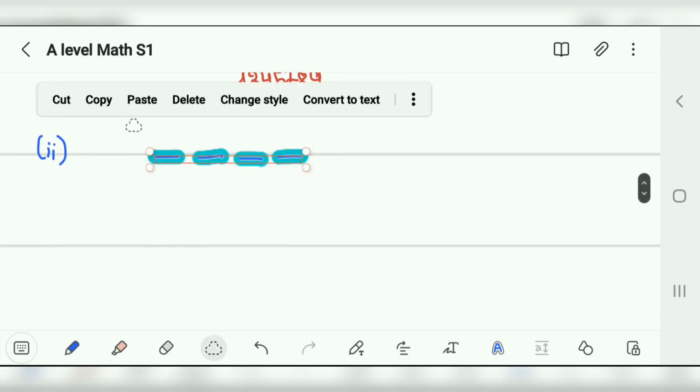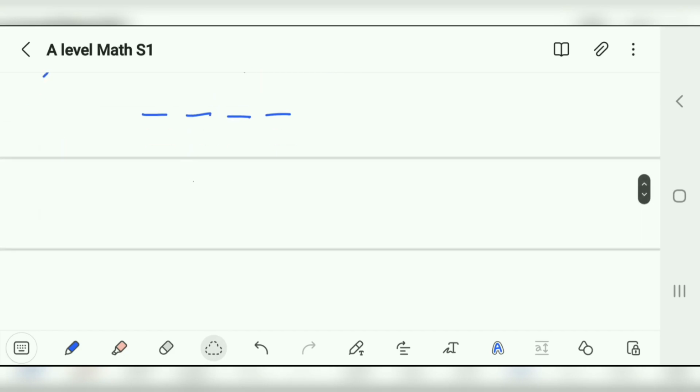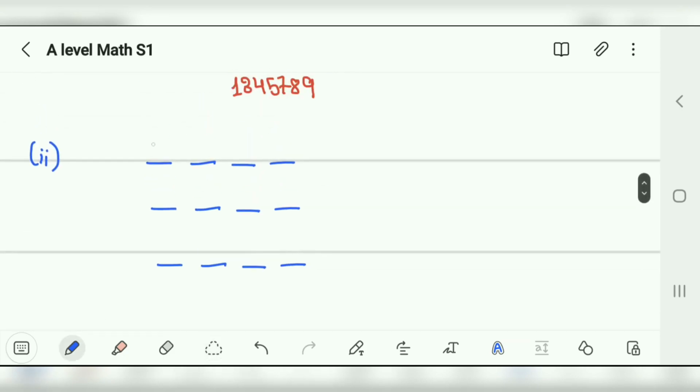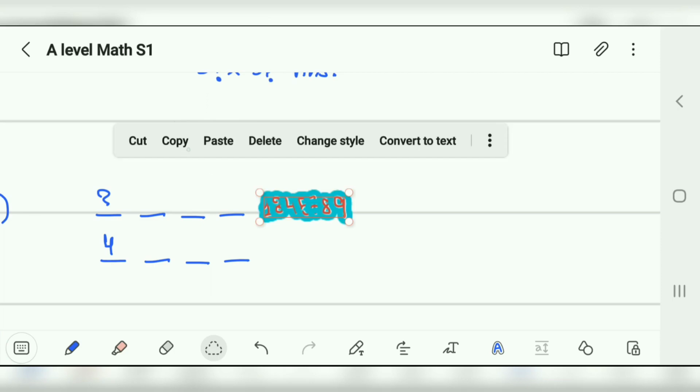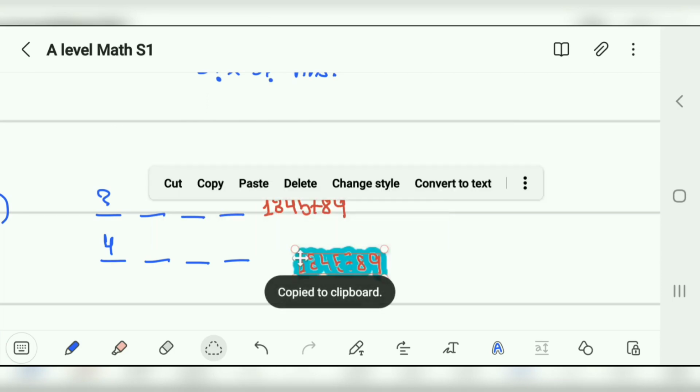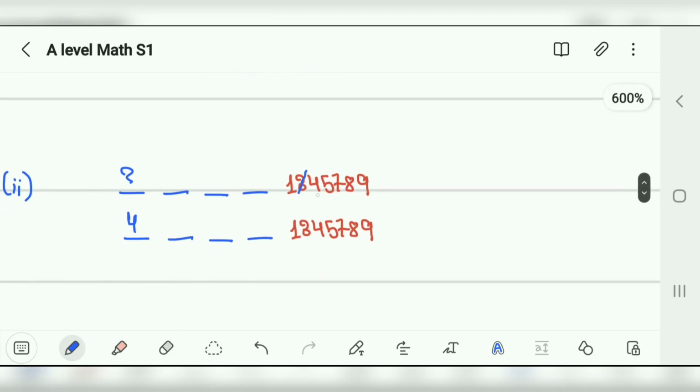The first digit can be 3 or 4, maybe not 5. We have already used 3, now let's look at the remaining. We need to know the even numbers. 4 is even, 8 is even, both are even numbers.